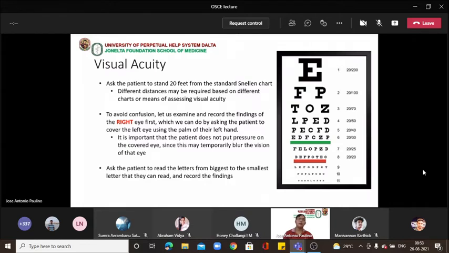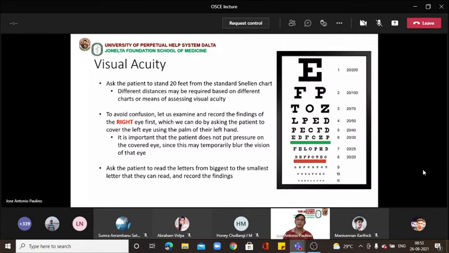It is important for the patient to not put pressure on the eye that they are covering. If you notice, when you fall asleep in class and you press one eye, it will blur the vision. So as not to get improper values, make sure that you do not put pressure on the patient's eye.